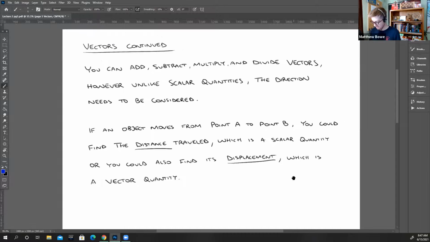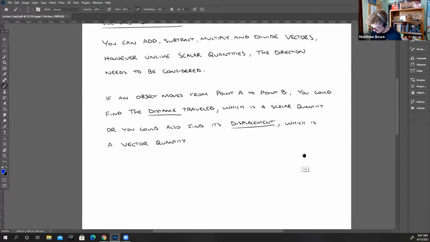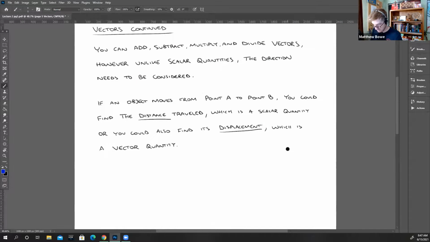But what if we want to look at a vector of you traveling to the grocery store? We could do all of the individual streets, or we could find what is called the displacement, which is a vector quantity. So displacement vector is also what it's called sometimes.